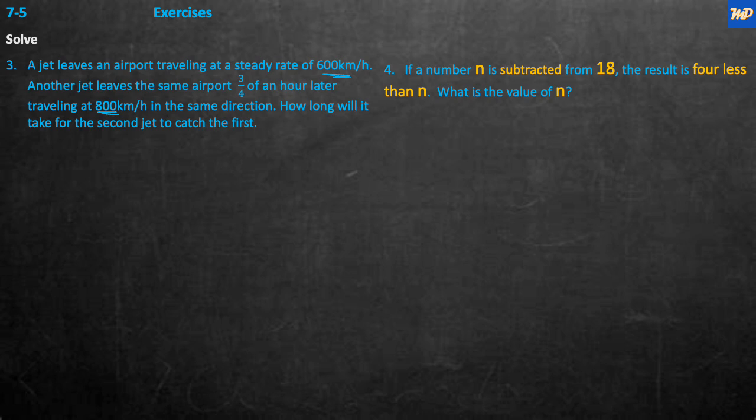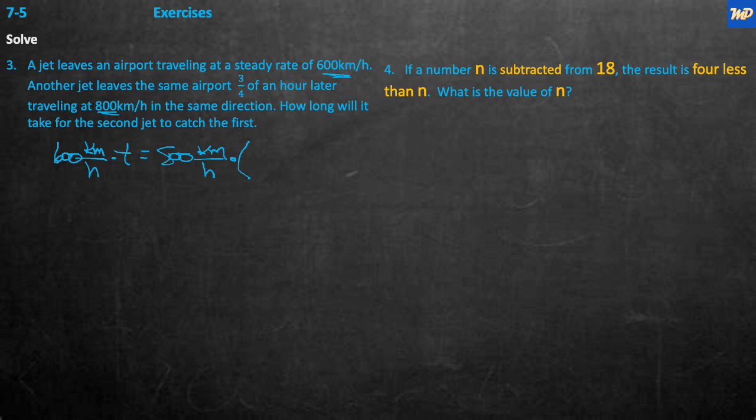So we're going to start off with 600 kilometers per hour times t, okay, is equal to 800 km per hour times the quantity of what?